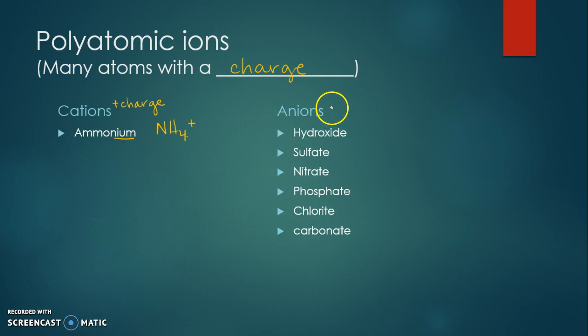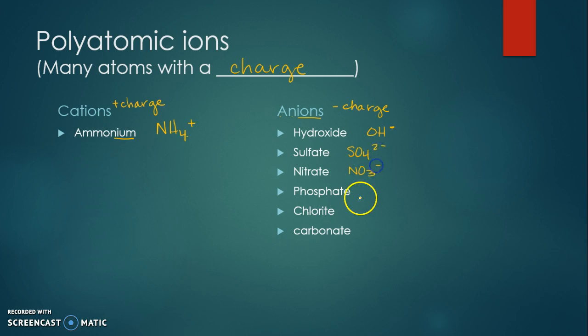Anions are negative ions, with a negative charge. There are many of these. These are just some of them. We have hydroxide with a -1 charge, and if there's not a number written, we just assume that the negative means -1. Sulfate is SO4 with a -2 charge.